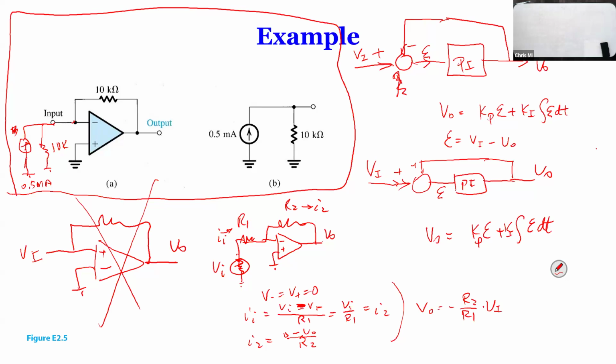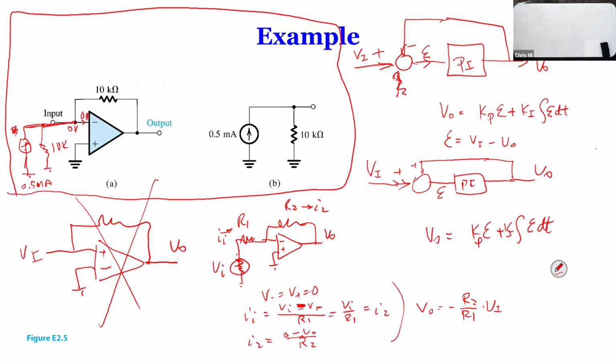So all you need to do is find out whether there is any current going through this 10K. Now we know that the current over here is 0, so this is 0 volts, 0 amps.